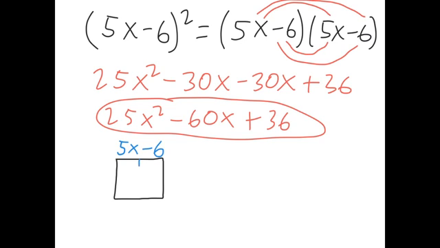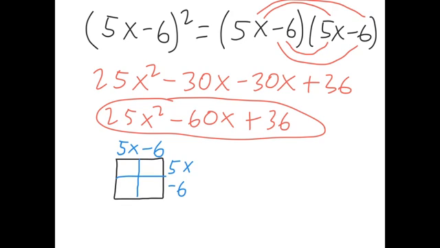So if we break this up into 5x and negative 6, well, we don't have a square anymore. So we have to treat it like any other rectangle and still have the 5x and minus 6 on the other side.